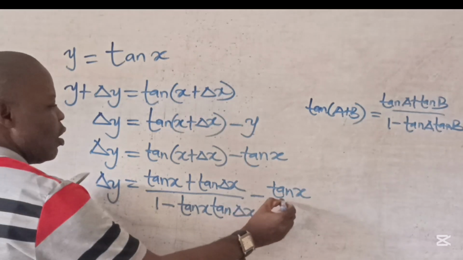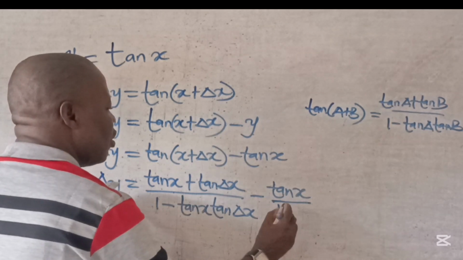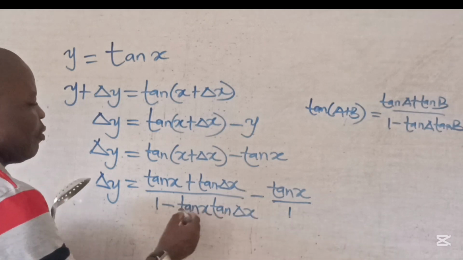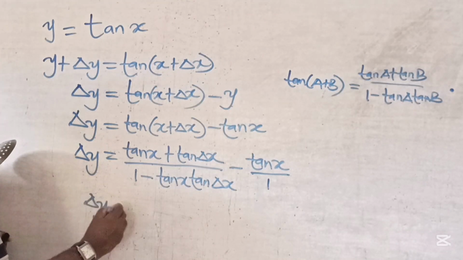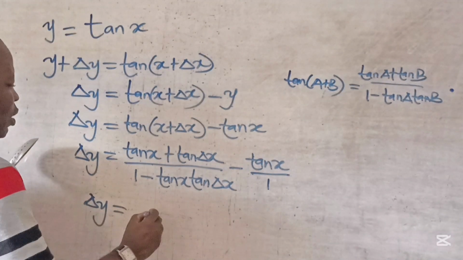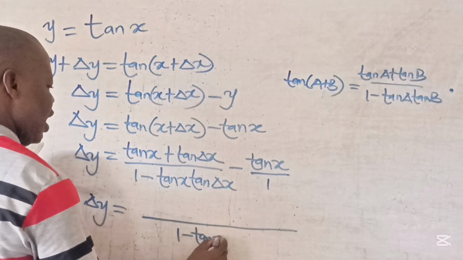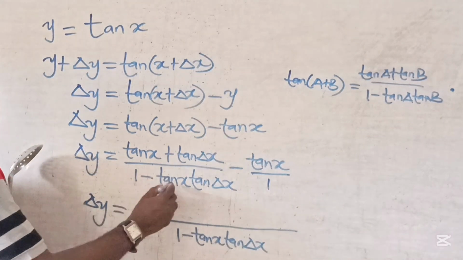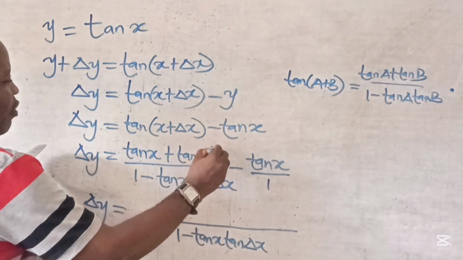We can decide to put 1 under this one. It does not change the value of tan x. So what we have is over 1. So the next thing is that we have to look for the LCM of the denominators. And what is the LCM? Change in y is equals to one minus tan x tan change in x here, 1 times the whole of what we have up here.